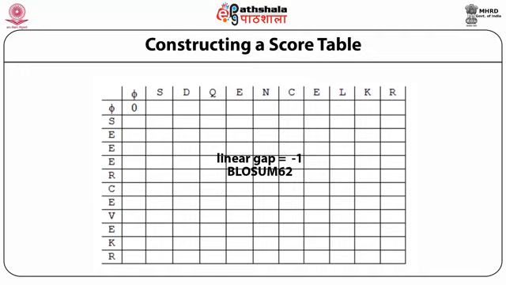An arbitrary character such as psi is placed before both the sequences to signify that every sequence begins with a gap. The first row, first column cell is left blank. A 0 is placed in the second row, second column cell to signify the alignment of a gap with a gap.